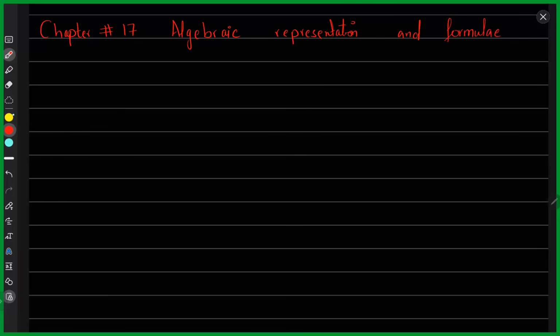Okay. All right. So in this class, obviously, we won't be able to complete this chapter because it's a very big chapter, but we'll just start off with the basic idea.